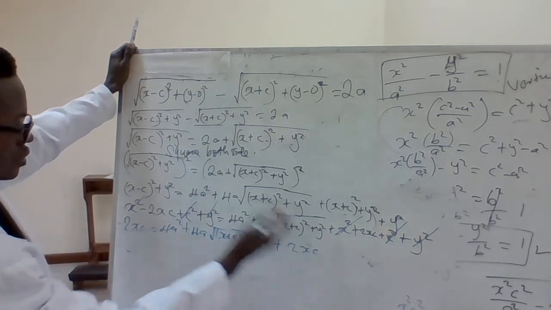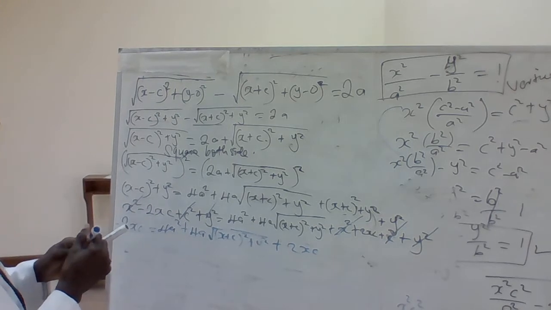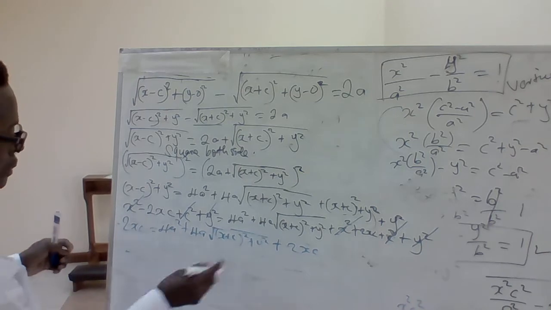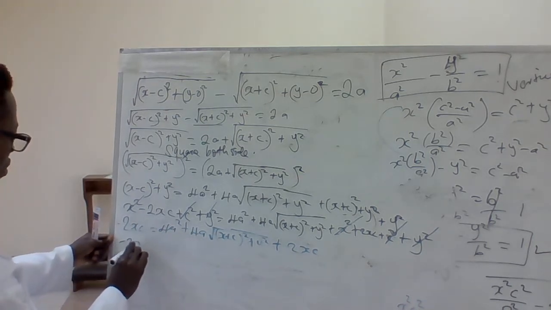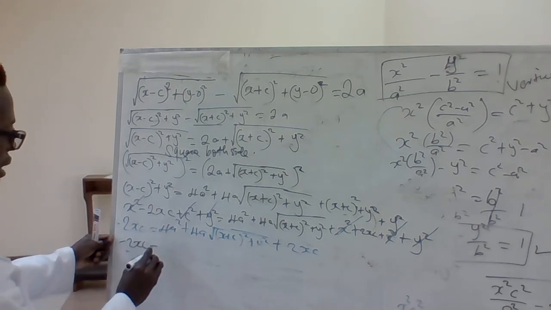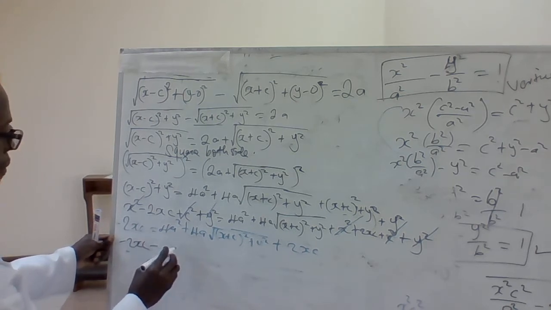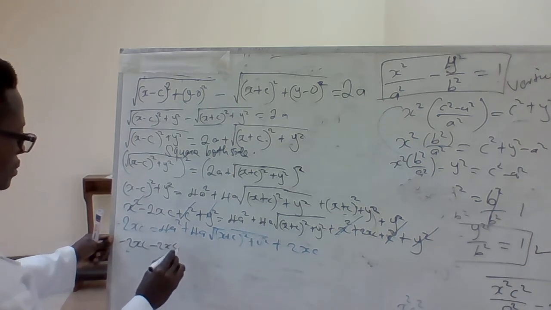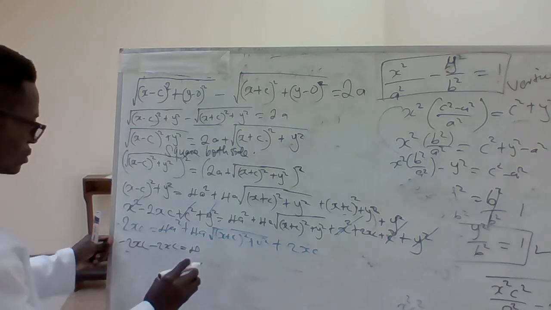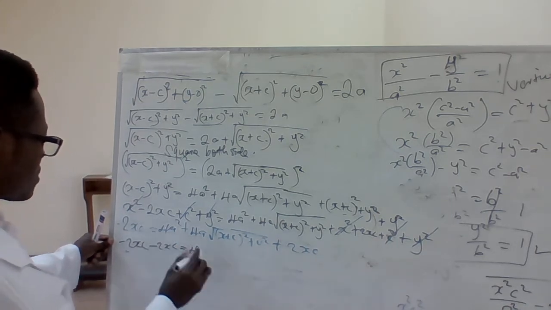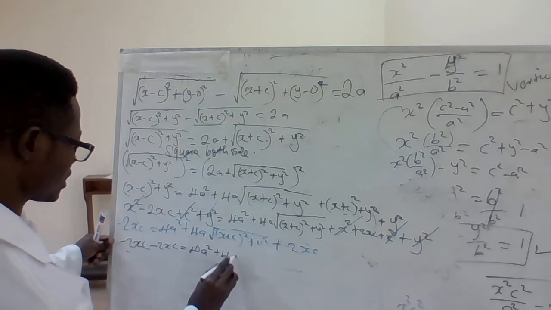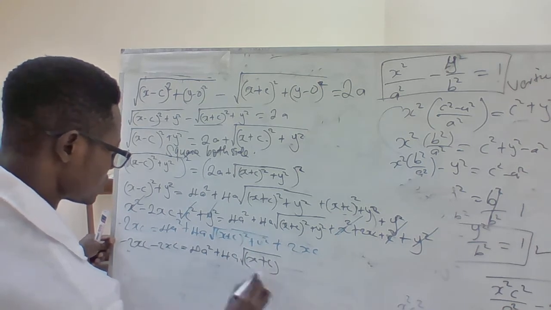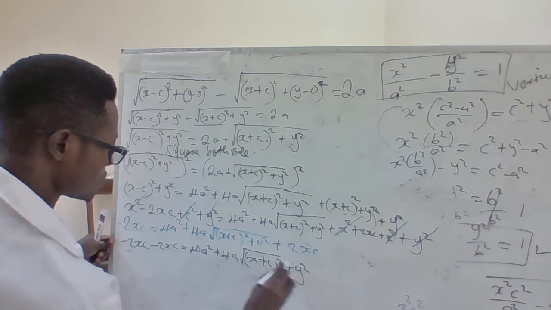So we take this to this side. This will become minus 2xc minus 2xc is equal to 4a squared plus 4a times the square root of (x plus c) squared plus y squared.